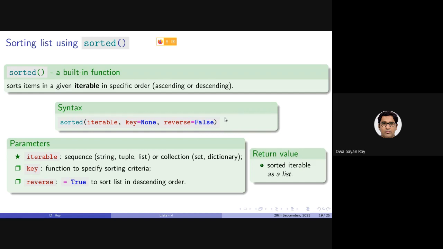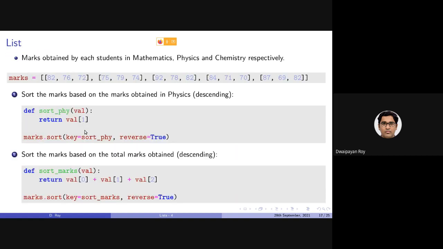There is another function called sorted, which is not a list function, but it can actually be applied on any sequence data type. Like it can also be applied on strings, dictionary, sets, tuples as well. The function is called sorted. For the sorted function, as we have said, the sort function needs to be invoked by a list, right?